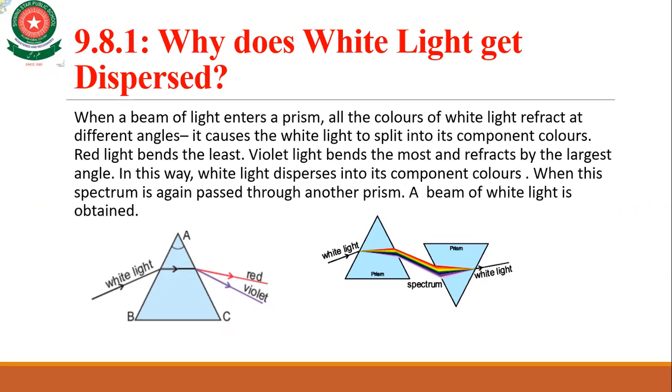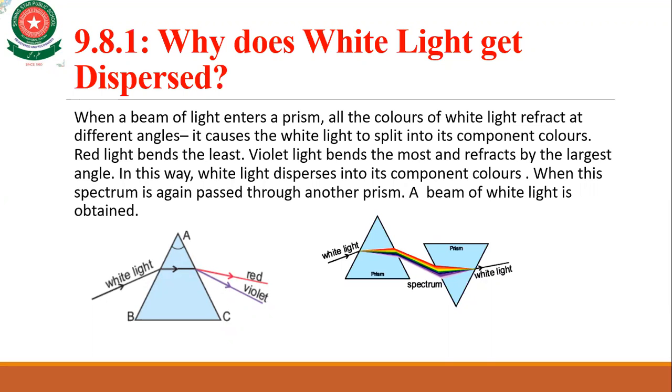I repeat again, whenever a beam of light enters a prism, all the colors of white light refract at different angles. It causes the white light to split into its component colors. Red light bends the least, the violet light bends the most and refracts by the largest angle.